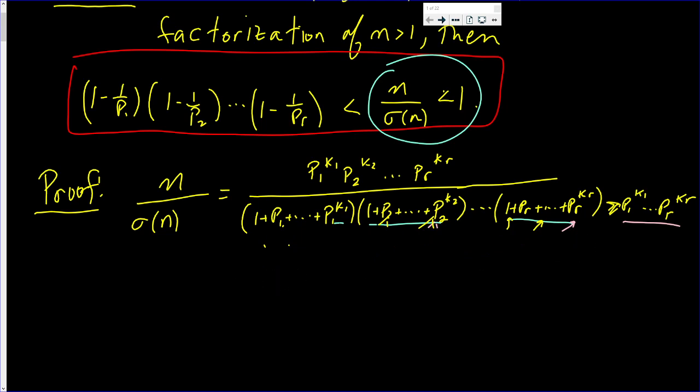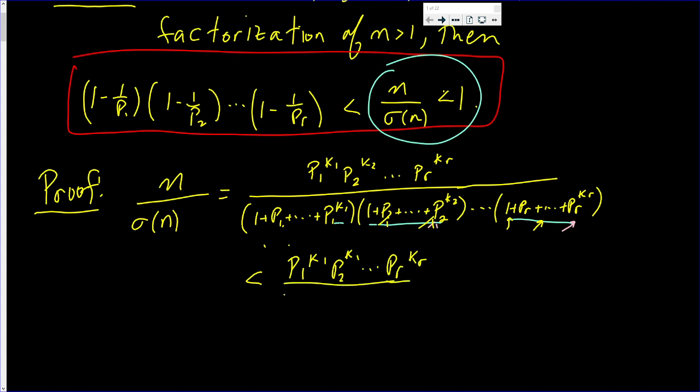Okay, so let's formally state that. This here is going to be less than, we're going to keep the numerator the same, but I'm going to make the denominator smaller by only multiplying these, p r to the k r.